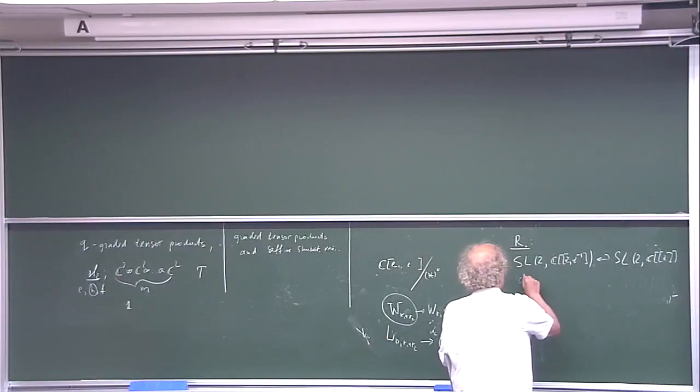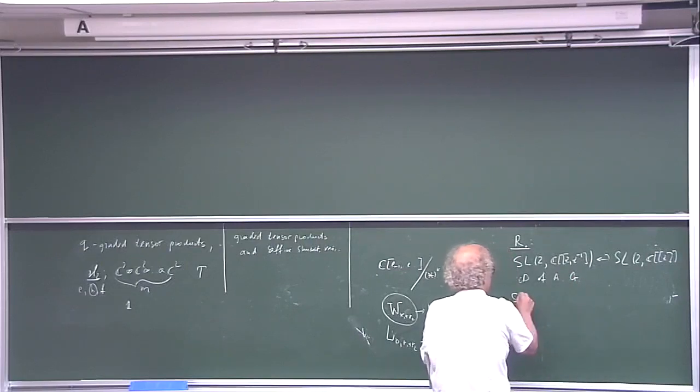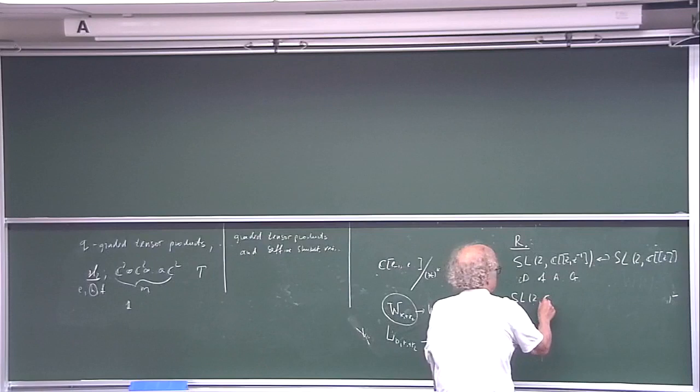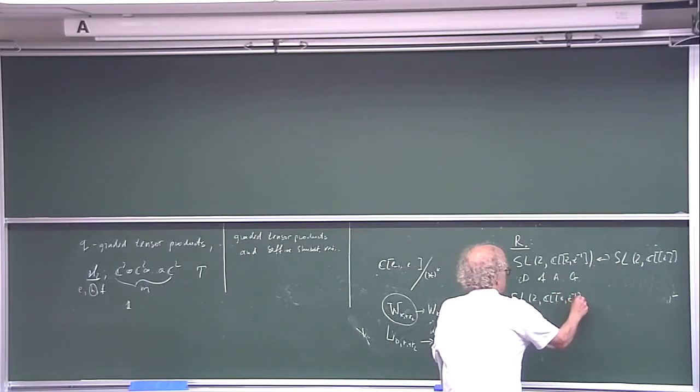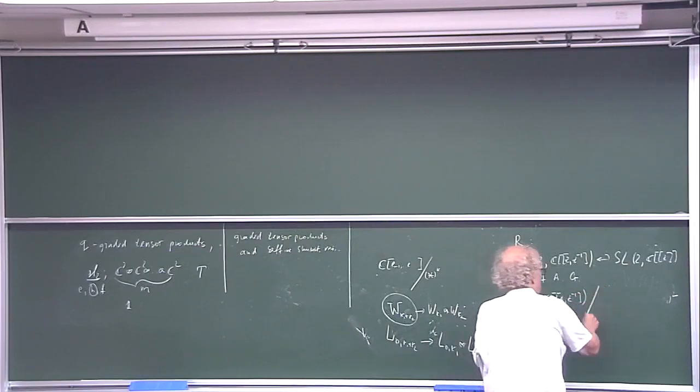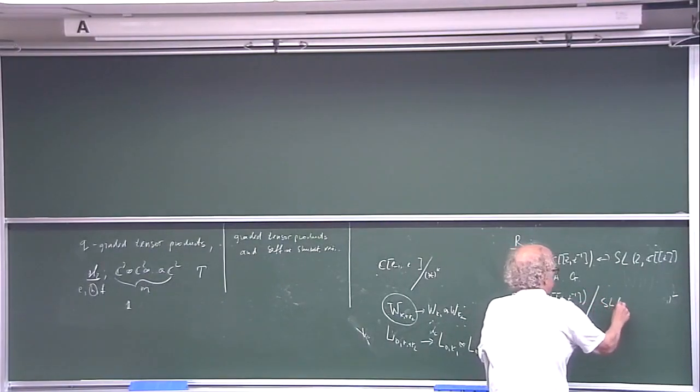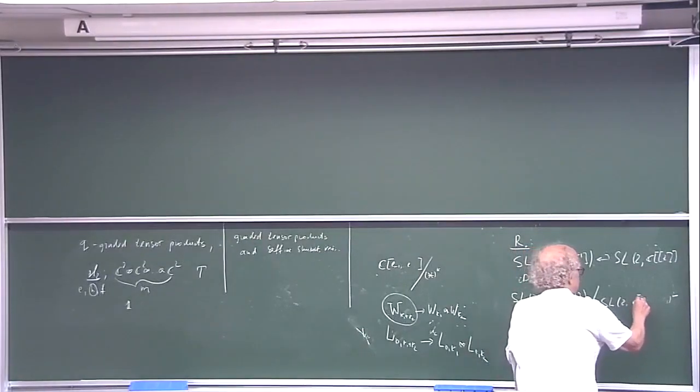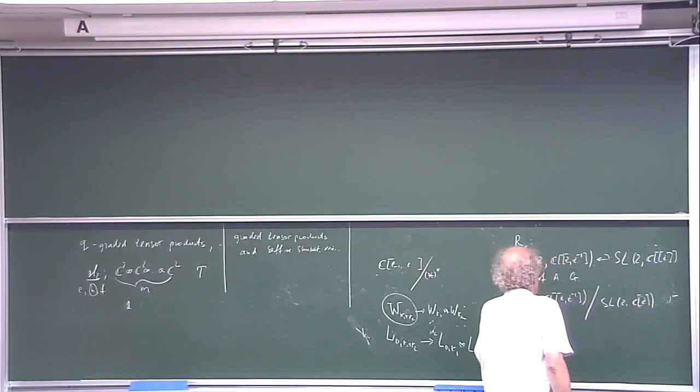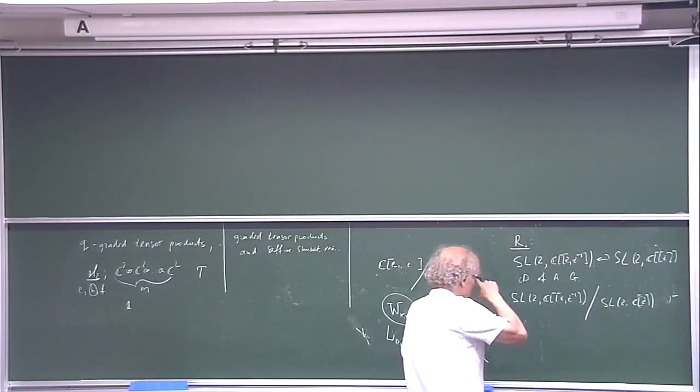So then the definition of the affine Grassmannian is just the quotient of SL2C Z inverse by SL2C.